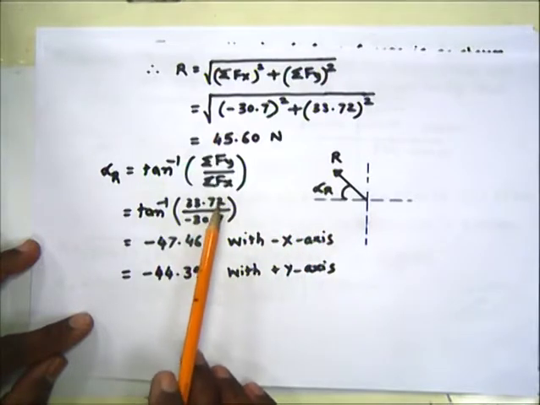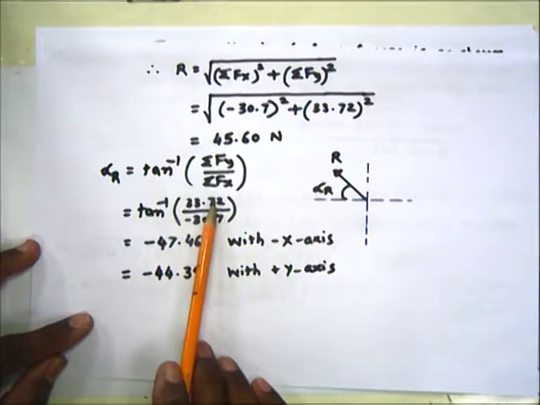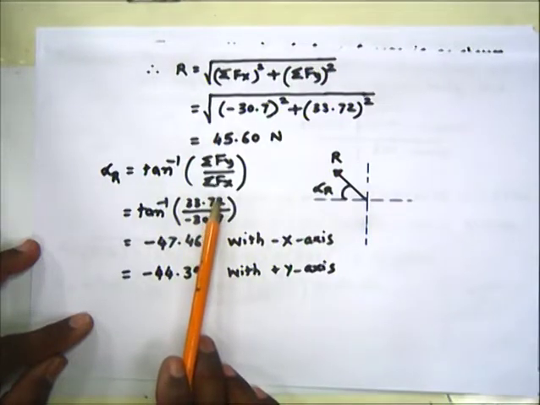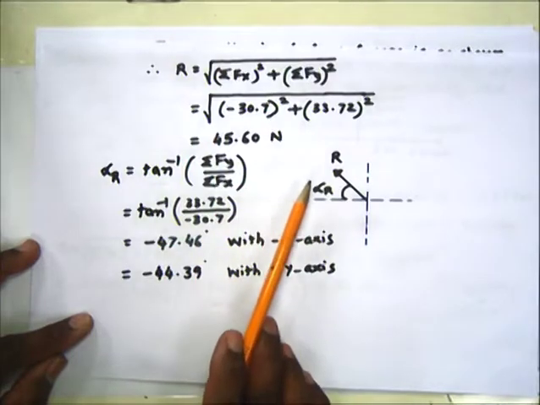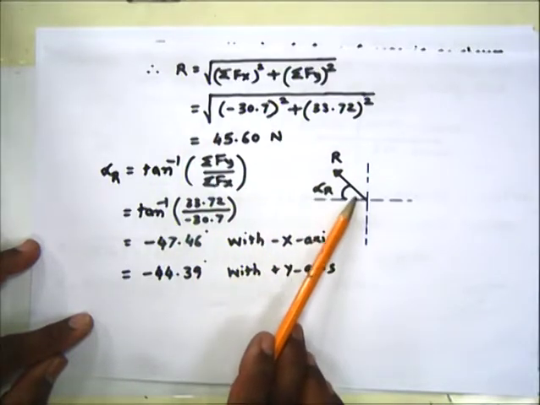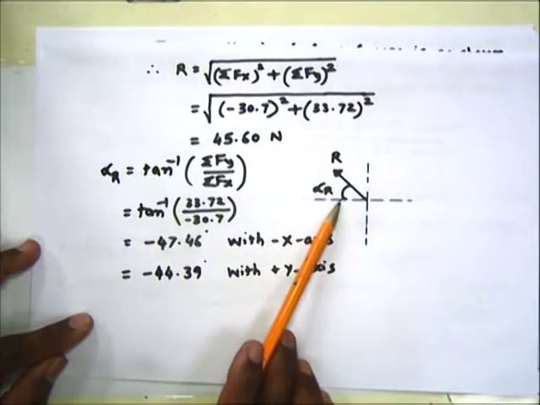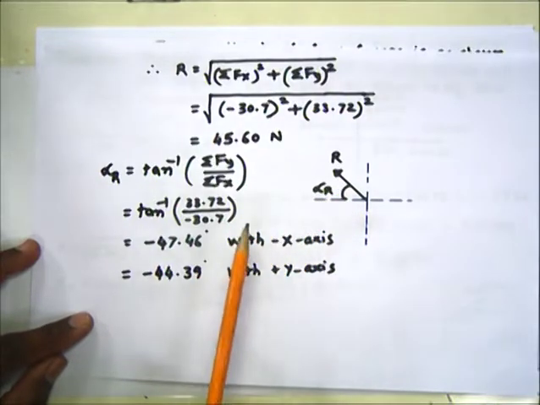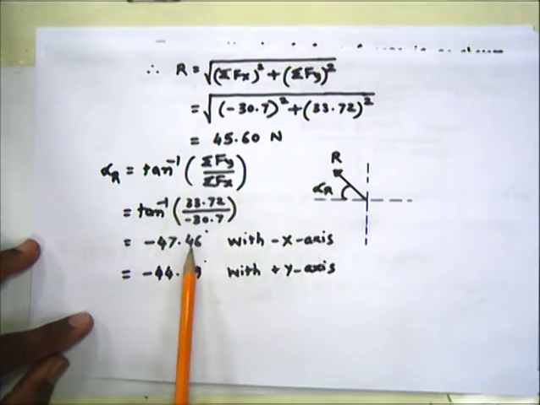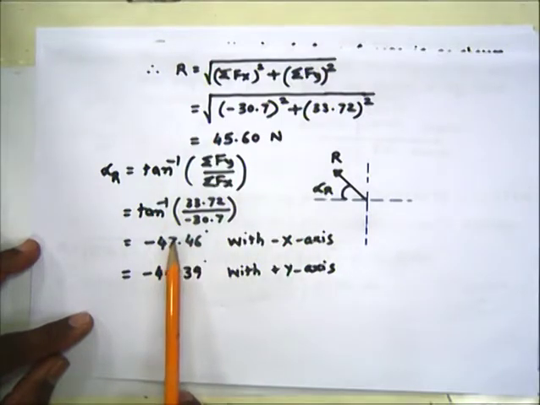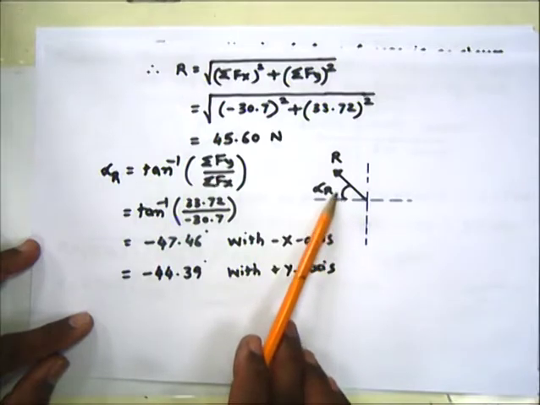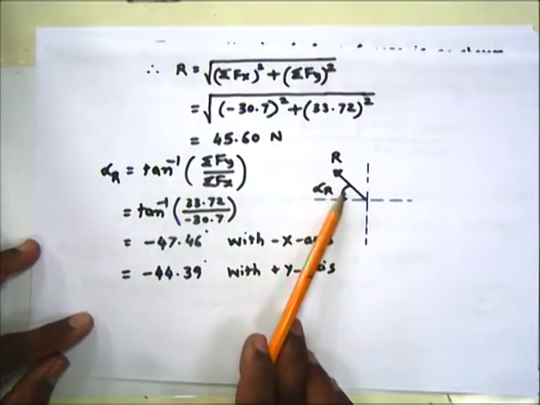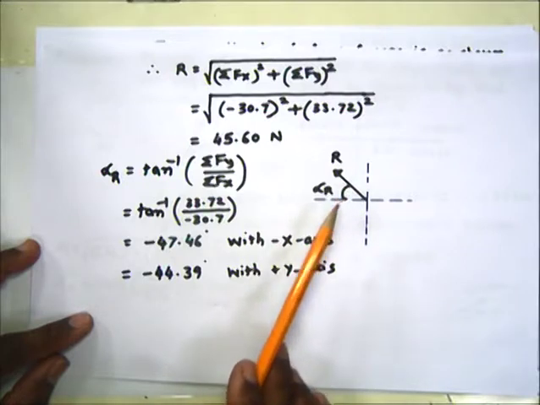And we can also see our sigma Fx value is minus and sigma Fy value is plus, so it will fall in the second quadrant. That's why R is shown here with an angle with the x-axis, which is the nearest or acute angle, and that is nothing but 47.46 degree. Minus sign because it is measured in the second quadrant from the negative x-axis in the clockwise direction.